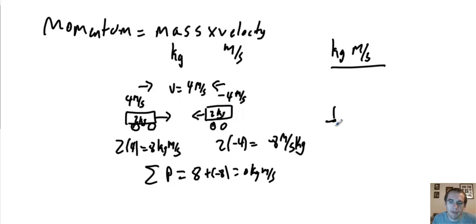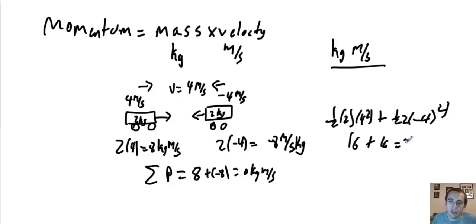So we'd have 1/2 times 2 times 4 squared plus 1/2 times 2 times negative 4 squared. And together these things actually have 16 plus 16 equals 32 joules of kinetic energy. So even though their momentum sums to 0, their kinetic energy doesn't. So because momentum is a vector, sometimes we have to pay attention to direction and what's going on with that.